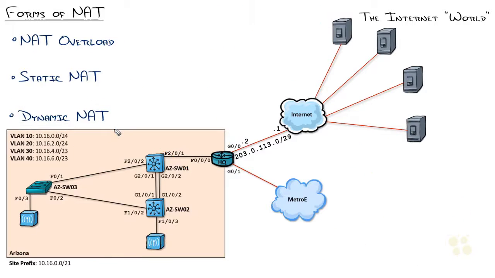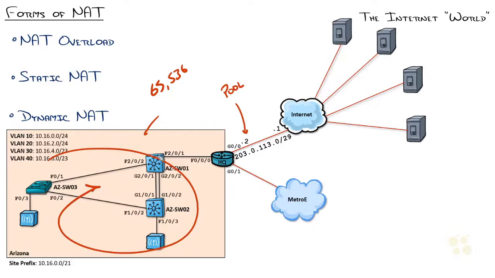The other bucket I do use. That's where I was saying that you've got one public IP address here, but maybe you've got an organization big enough that 65,536 ports is not enough for you to use. In that case, you can configure a pool of addresses that you're overloading. You can say, I want to overload all of these addresses out to a pool, which is technically NAT Overload, but with a little bit of dynamacy, my made-up word, to it.